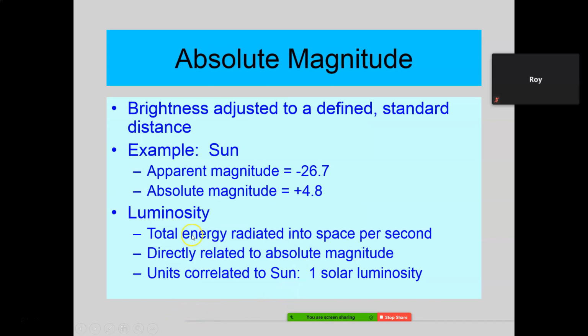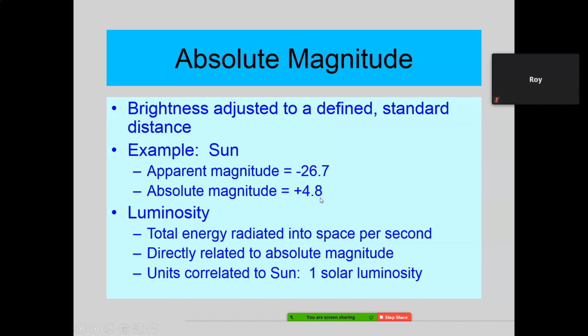Now, here's another term. Now, these are just terms. Don't get too fired up about them. Luminosity. In fact, it's about the only time I can remember in the whole chapter they mention this. But it's the total energy radiated into space per second, directly related to the absolute magnitude of the star, not related to apparent magnitude. The units are correlated to the sun. The sun is considered to be one solar luminosity when it's about 4.8.